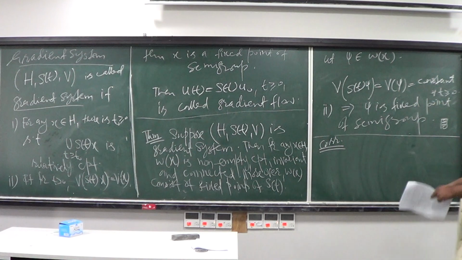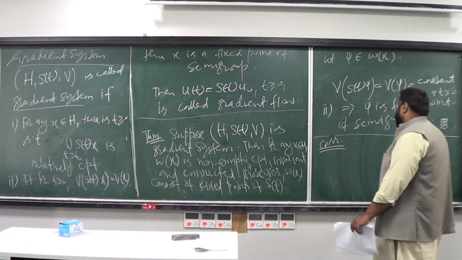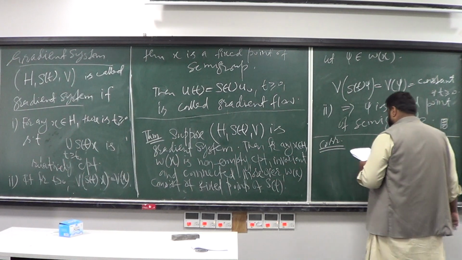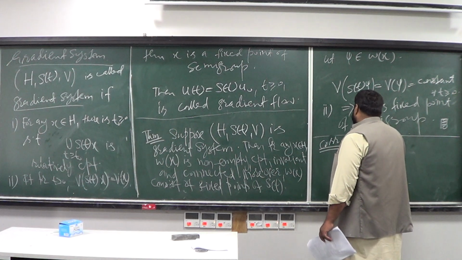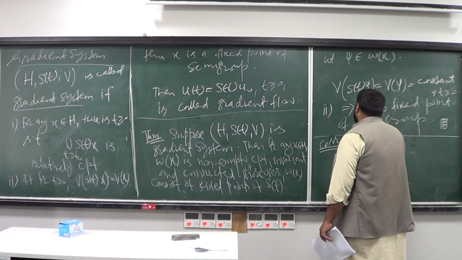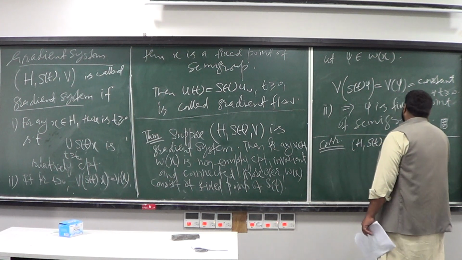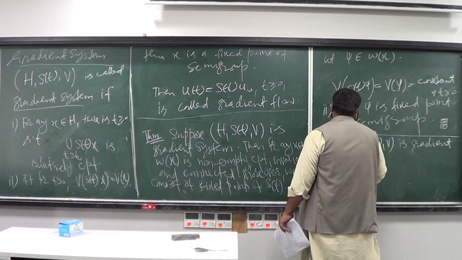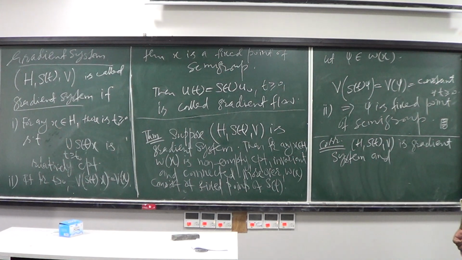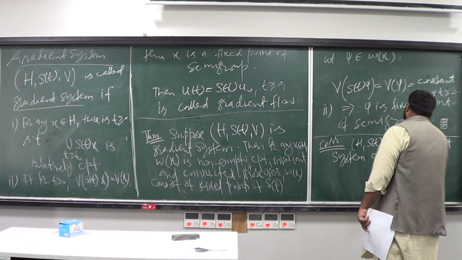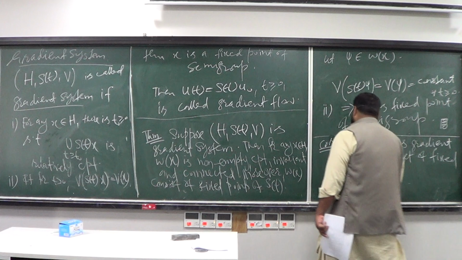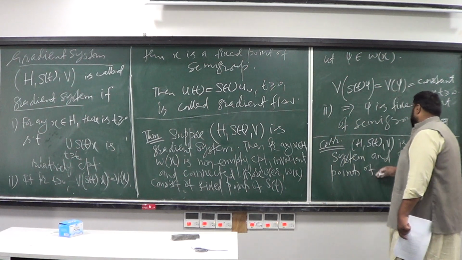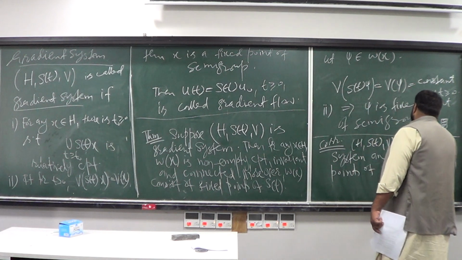That corollary is also interesting, and it says: suppose (H, S(t)) is a gradient system, and suppose the set of fixed points of the S(t) semigroup is discrete.